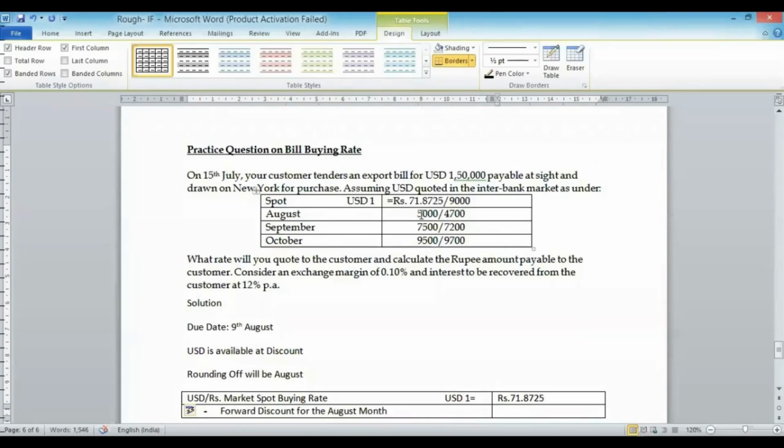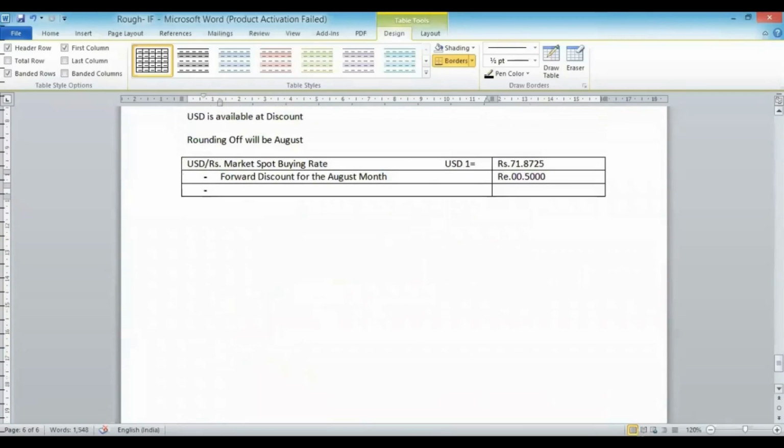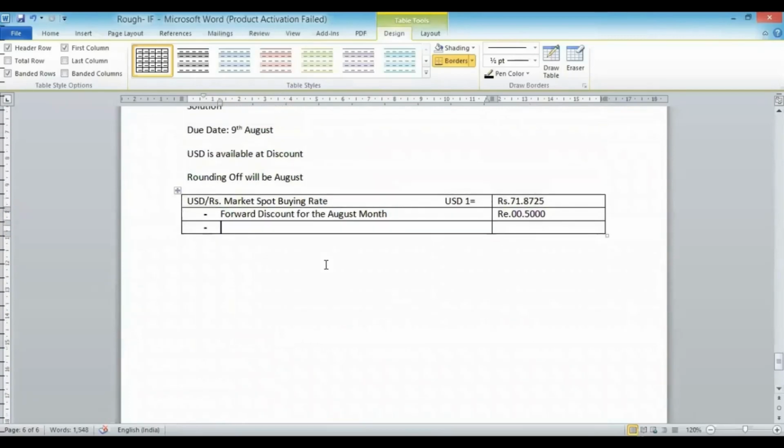And August month is given as rupee 5,000. You can say as rupee 5 triple 0.